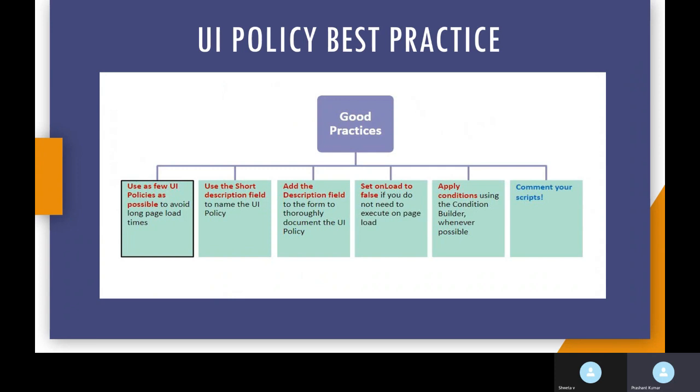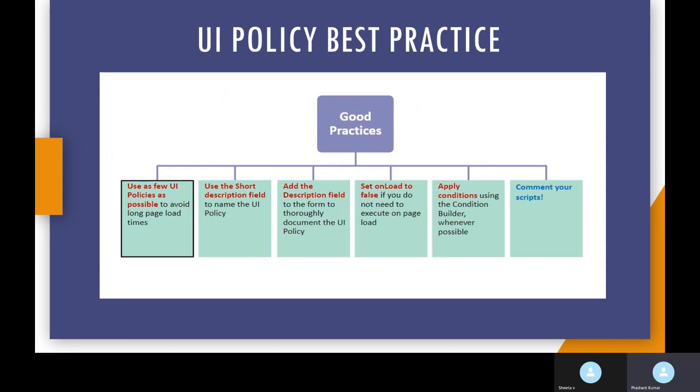We have to avoid that, because the same thing executing through multiple UI policies will make our form load very slowly, right? So load time will increase. We have to use very few UI policies, not just create UI policies again and again for the same kind of execution on a particular form.